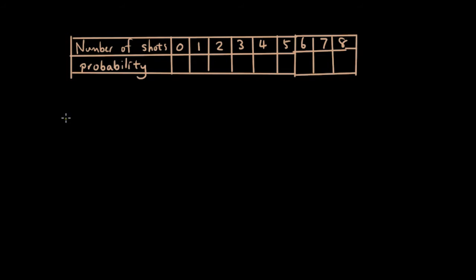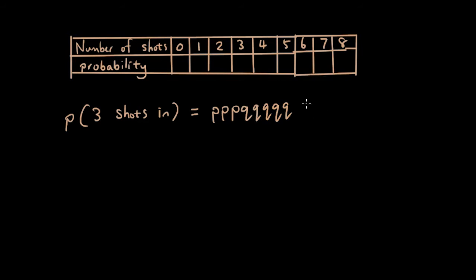So that's going to be, the probability of success is P, so that could be P, 3 shots in initially, and then you miss 5 shots. Or you could get the first shot in, miss the second shot, get the third shot and the fourth shot, and miss the next 4 shots.